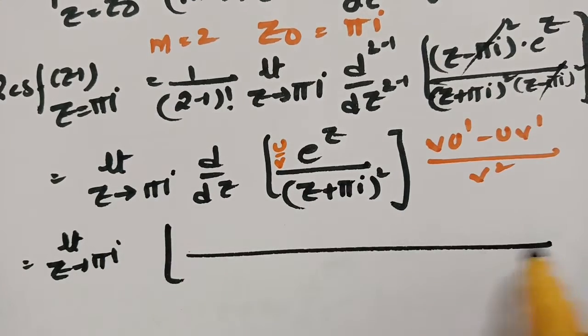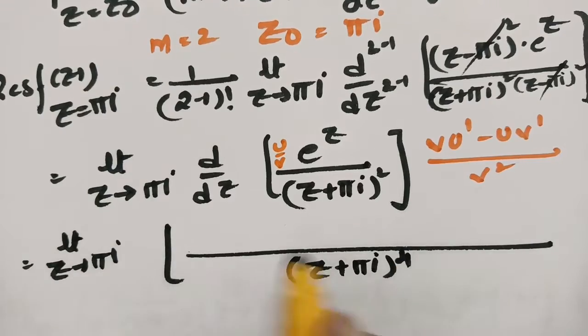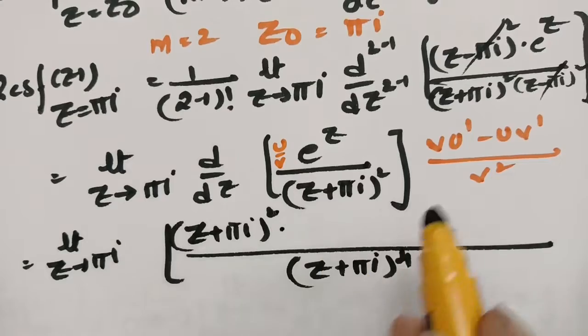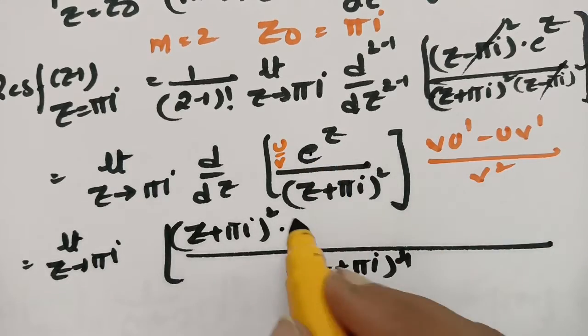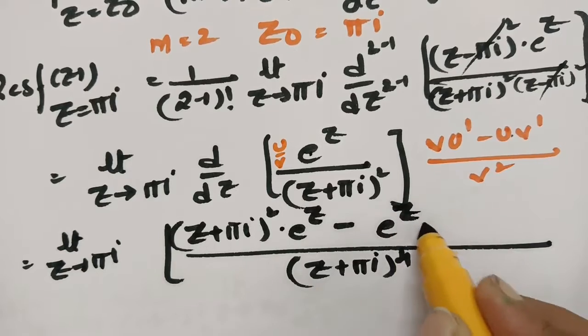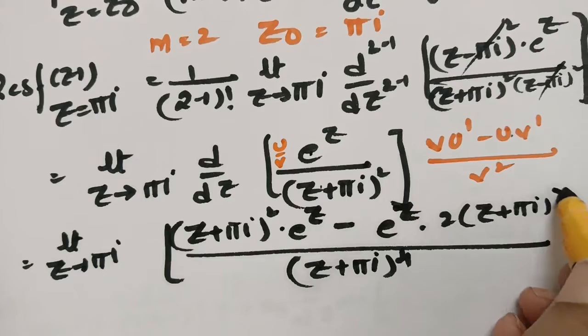Clearly, this will be limit z tends to pi i. So this will be v square, that is z plus pi i to the power 4, and again v, that is z plus pi i squared, into the derivative of u. The derivative of e power z is again e power z, and again I am leaving u, e power z, for this 2 times of z plus pi i. Clear?